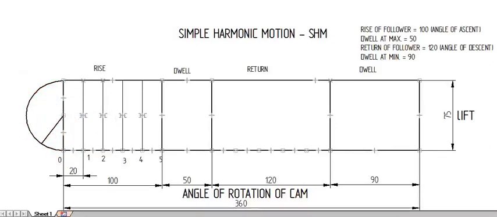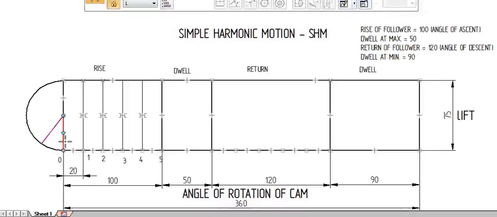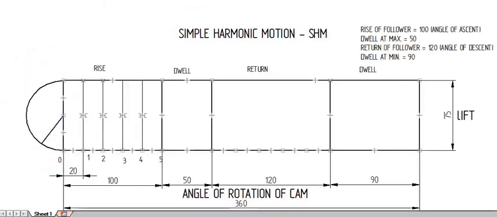I constructed it. You can see the section as 36 degree. Likewise, you have to construct the corresponding sections. I am drawing in a simple way; you can use a protractor. Now I have divided the semicircle also into 5 equal sections.